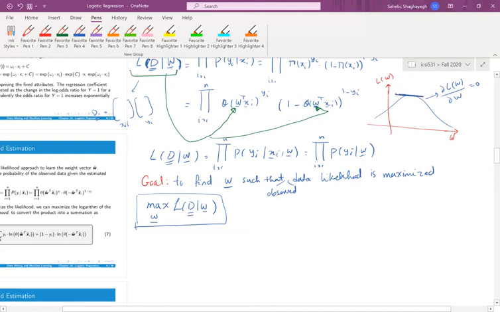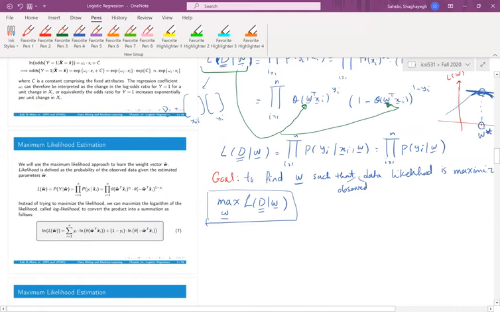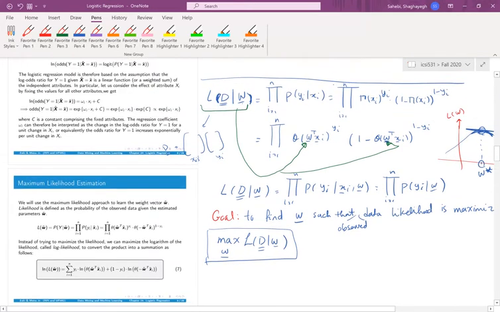Here is the point where the derivative is equal to 0, and it's also the peak, so this is going to be my best W, or W star, that maximizes L of W.